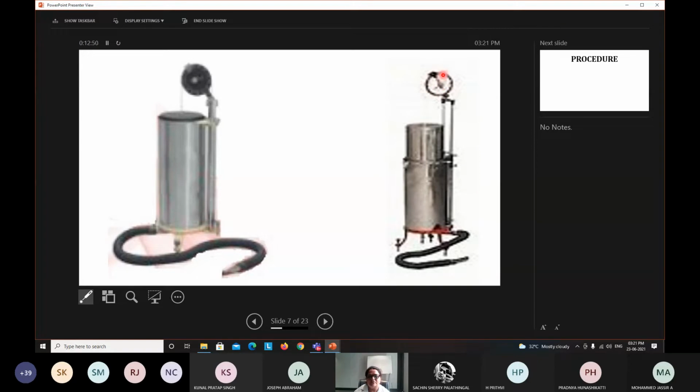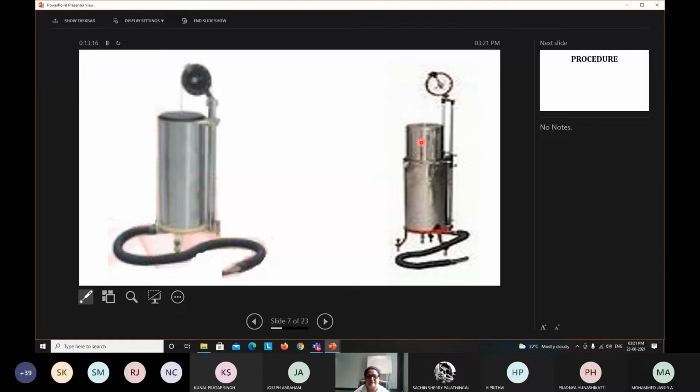It has graduations and a needle that moves along with the movement of the bell. In between these two cylinders, about three-fourths is filled with water. The water acts as an air seal and also helps in smooth movement of the bell.